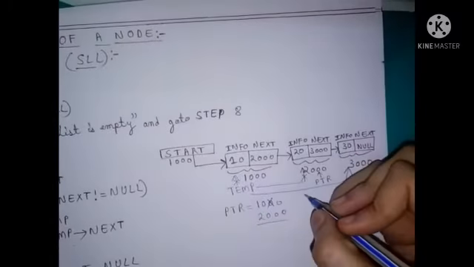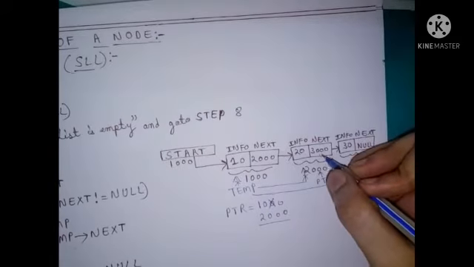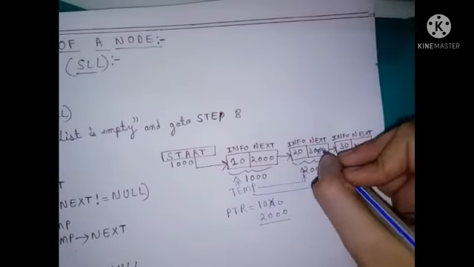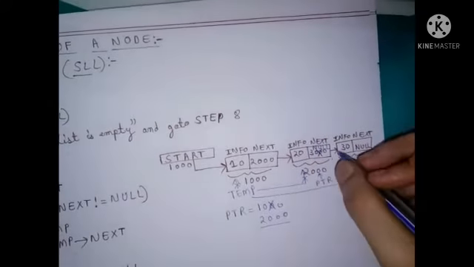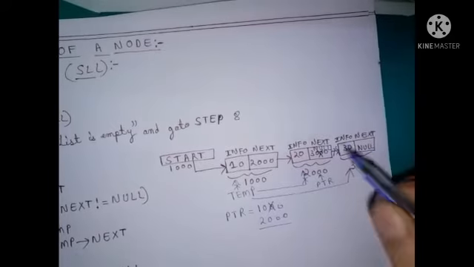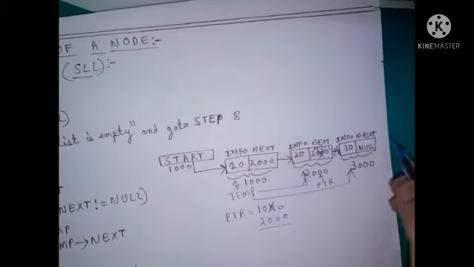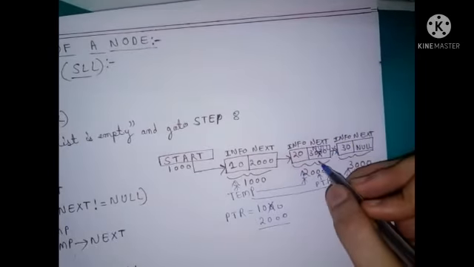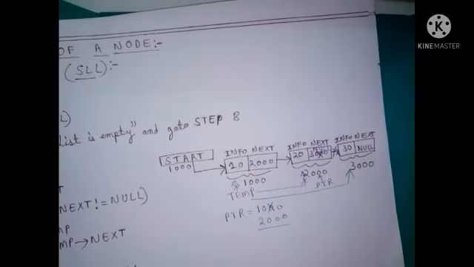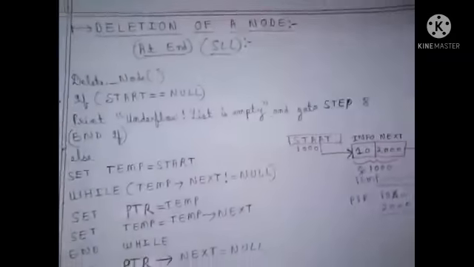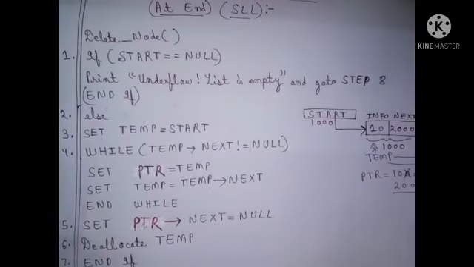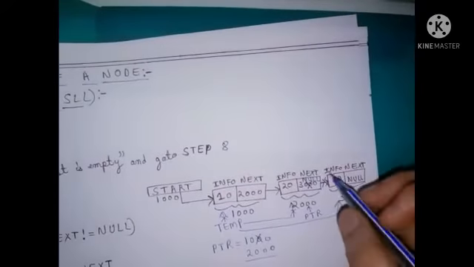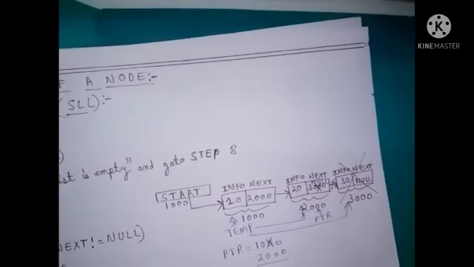Here ptr is pointing to the second last node, so its next part will now become null. That means it will no more point to any node, and it states that this is the end of our list. Then we will call the deallocate function, that is deallocate temp, and since temp is present at our last node, it will be deleted.